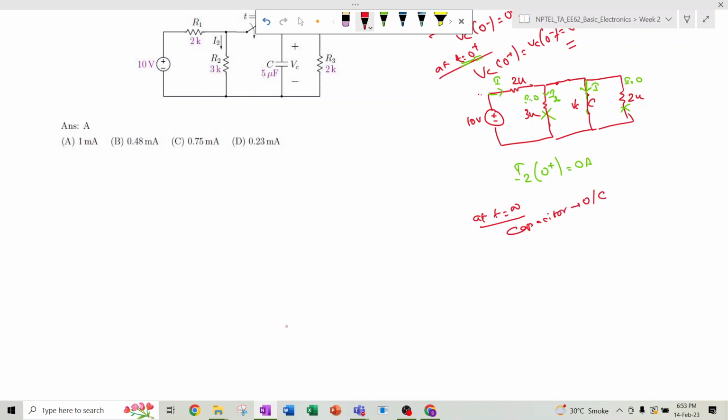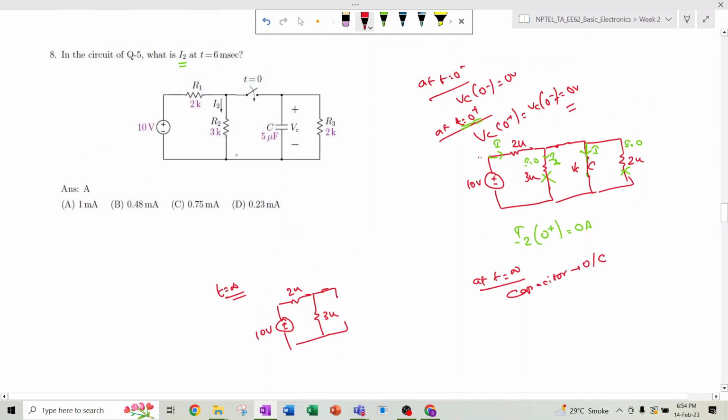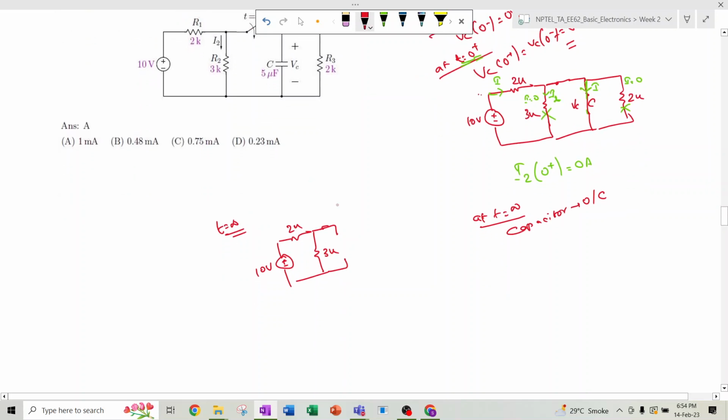So the equivalent circuit becomes 10 volt, 2k, 3k, and the capacitor branch open. The switch is closed, because for t greater than 0 it stays closed.